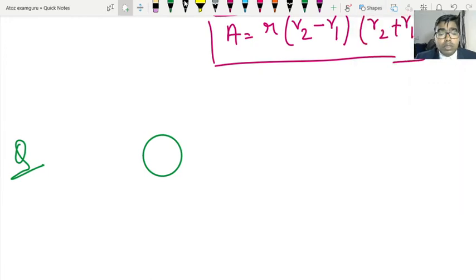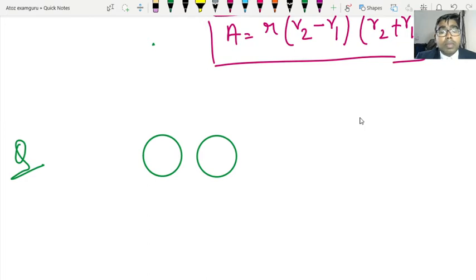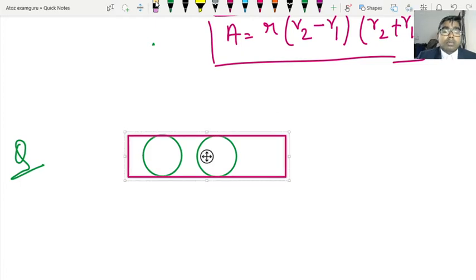The radius of all the circles is the same.